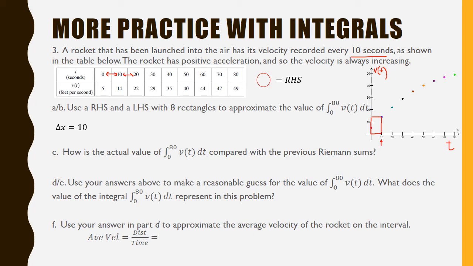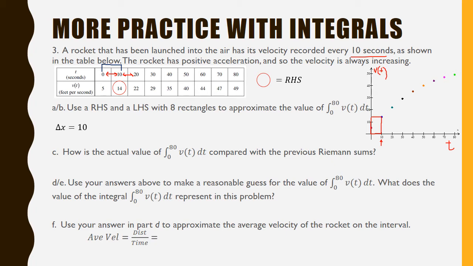Therefore, if I'm just looking at the table, which number will I be using as the height of the first rectangle? That's right, I'll use 14. So in this first interval, from 0 to 10, I have 2 endpoints and 2 possible values, but I'm going to use the 14 as the height because it is on the right endpoint.